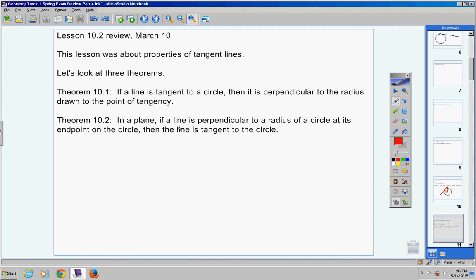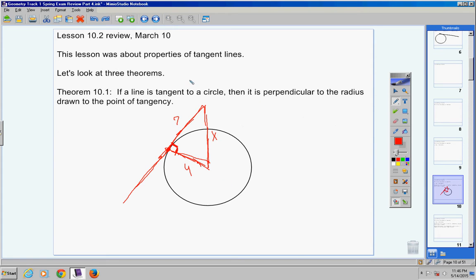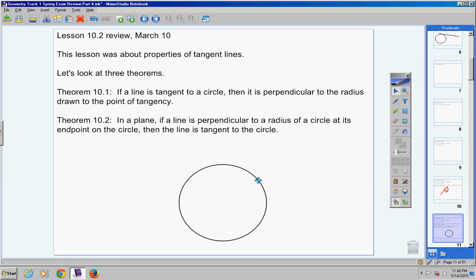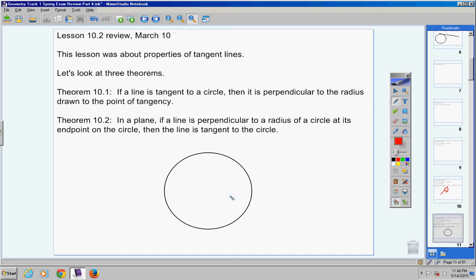Now it's the converse, okay? Now they're saying, hey, look, if you have a radius of a circle and it's perpendicular at this endpoint here, then this line is tangent.